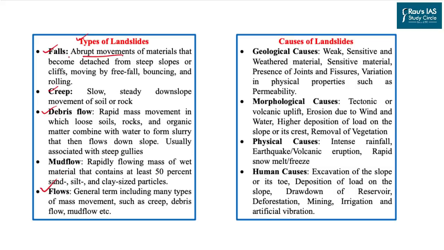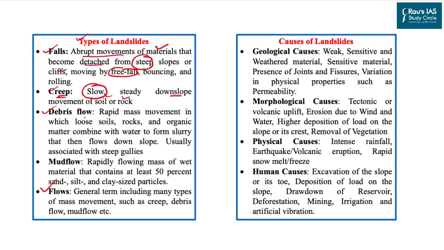Fall means abrupt movement of material that becomes detached from steep slopes or cliffs, moving by free fall. The second one is creep. Creep itself means slow motion, and it includes the slow motion of soil or rock down the slope.